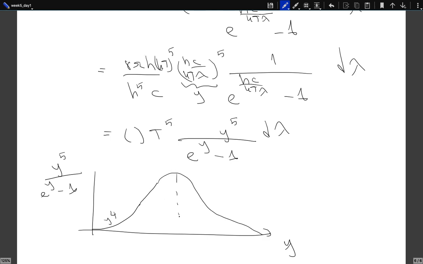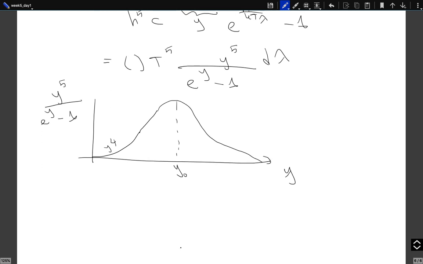And it has a maximum value here at y0. By the way, y0 is not equal to x0, because here I have a different function. The other function had x cubed, this is y to the 5th power.